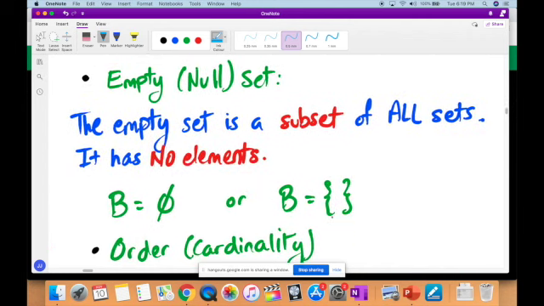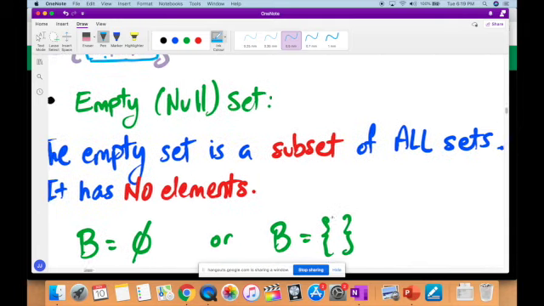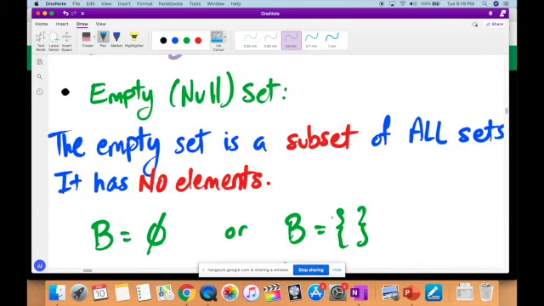Then we talked about the empty set or the null set. So the empty set is a subset of all sets. The empty set is a subset of all sets.